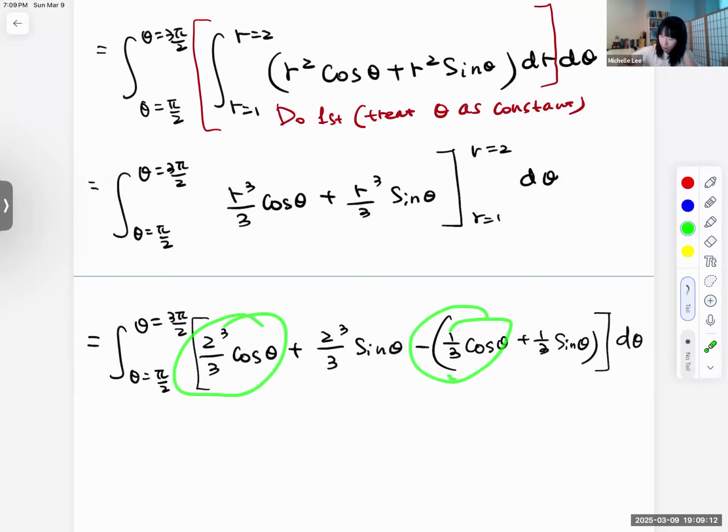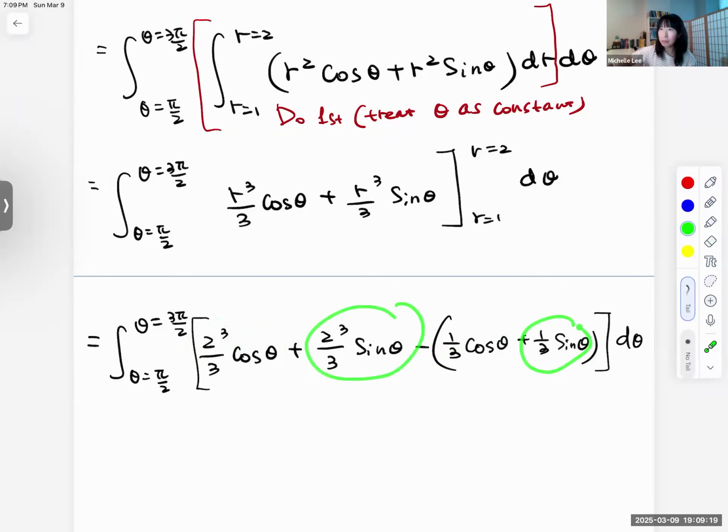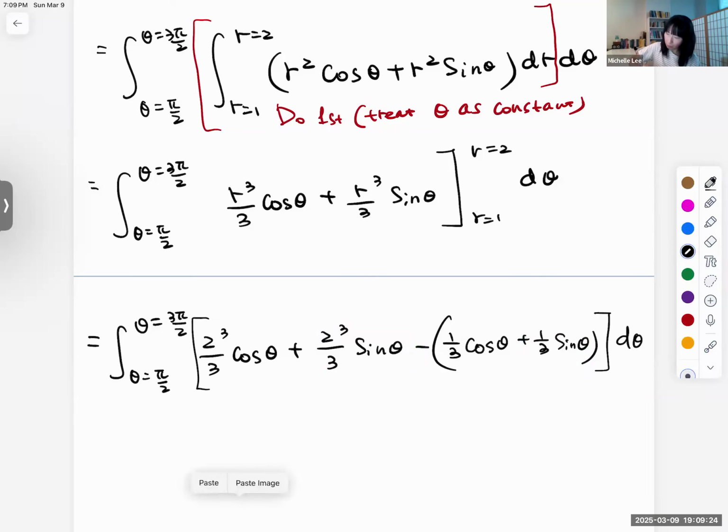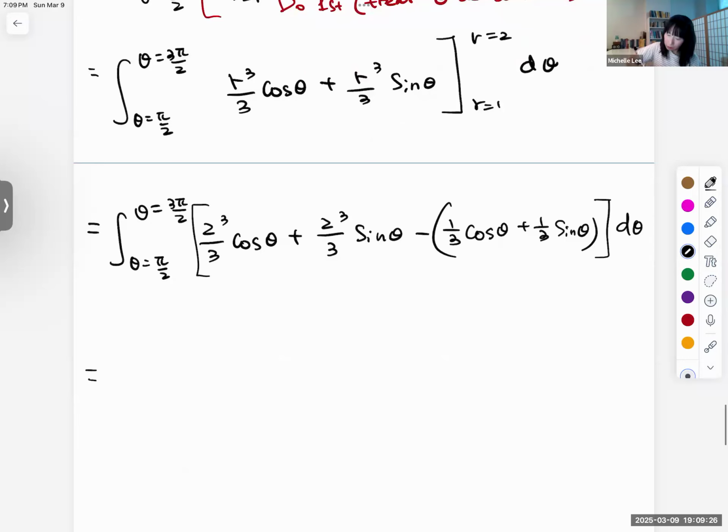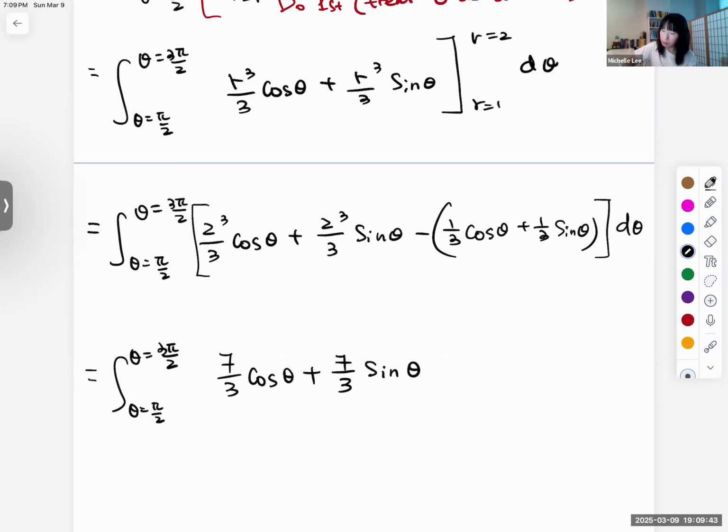So we have 8/3 minus 1/3, 7/3 cosine theta. And they are like terms also, 7/3 sine theta, right? Theta equal to pi over 2, theta equal to 3 pi over 2, 7/3 cosine theta plus 7/3 sine theta, yeah. And d theta.